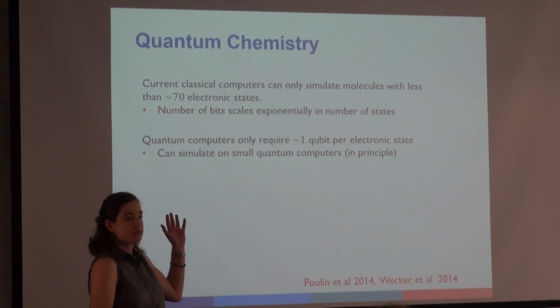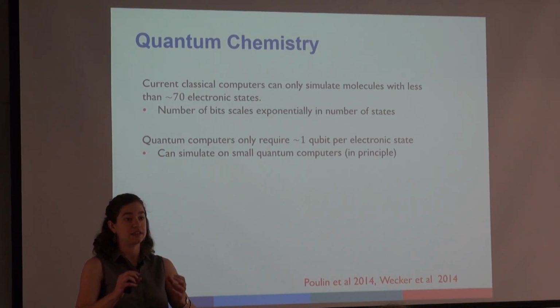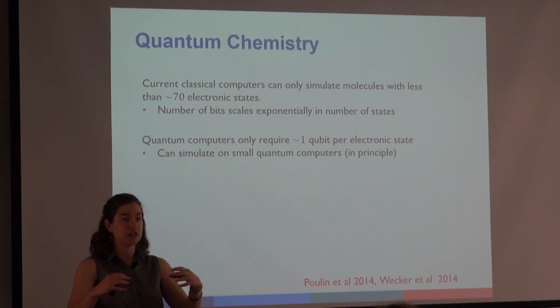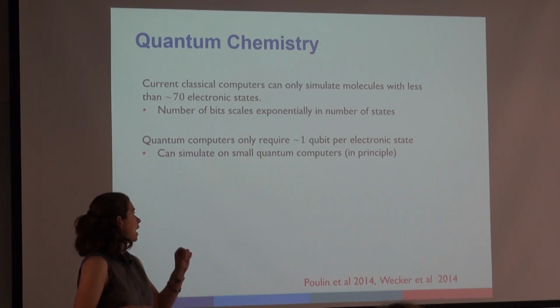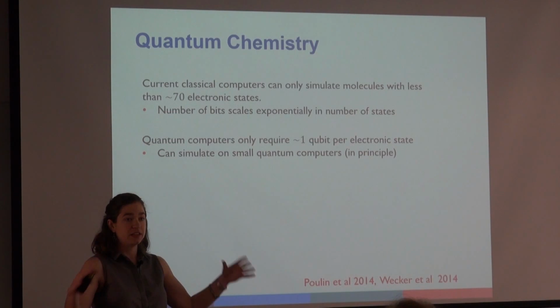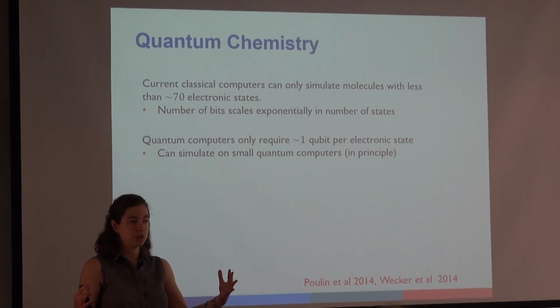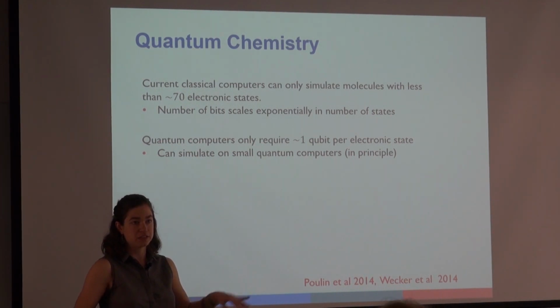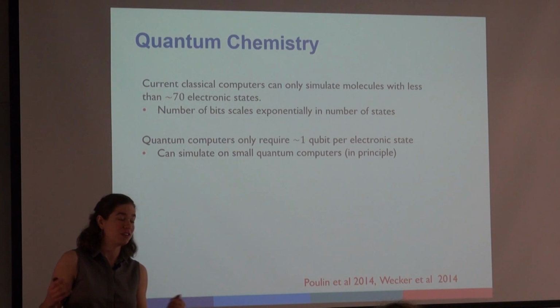Chris was talking about electronic states, and in an atom, it could be in a state 0 or 1. But if you have complex molecules and you're looking at their interaction, there are many, many electronic states. The electrons can be in all sorts of different configurations, and the best supercomputers can only handle about 70 electronic states. That's not very many states for the very best computers.